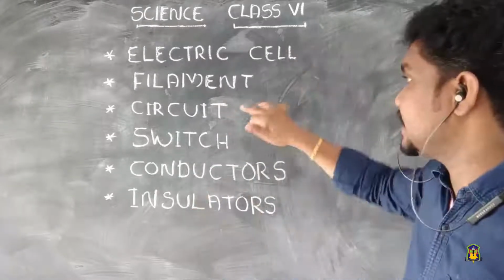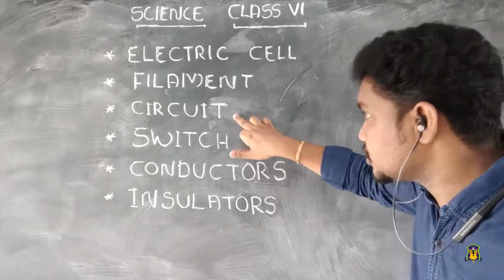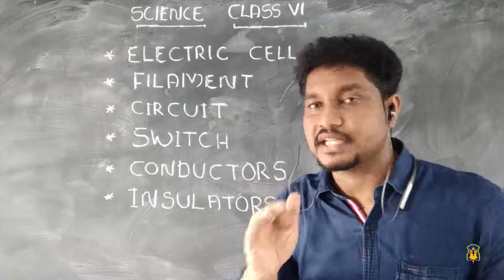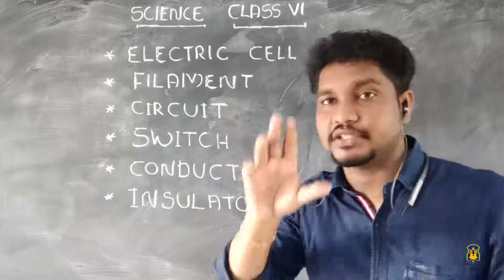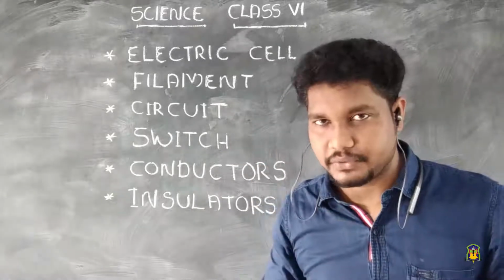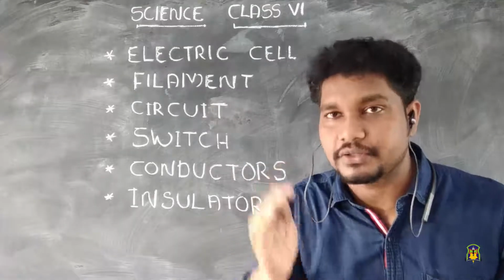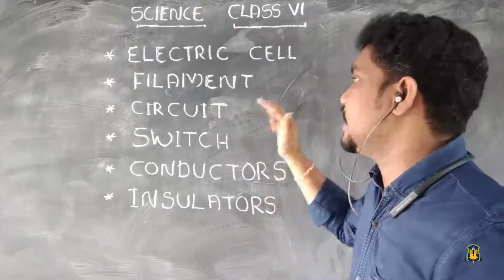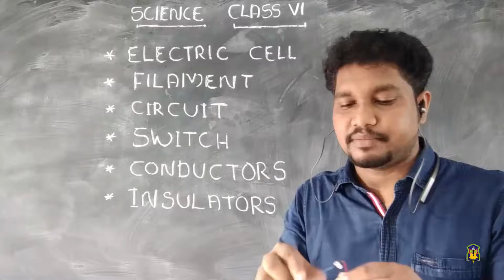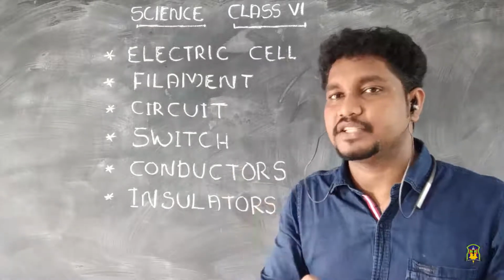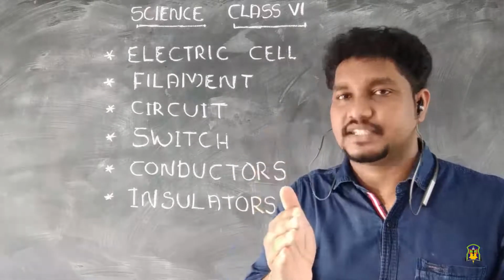So the circuit is a closed path for the flow of charge, and circuits are of two types, open circuit and closed circuit. The bulb will glow only in the case of a closed circuit. Open circuit means the circuit is not closed. Sometimes it is not connected properly, and that is called an open circuit.